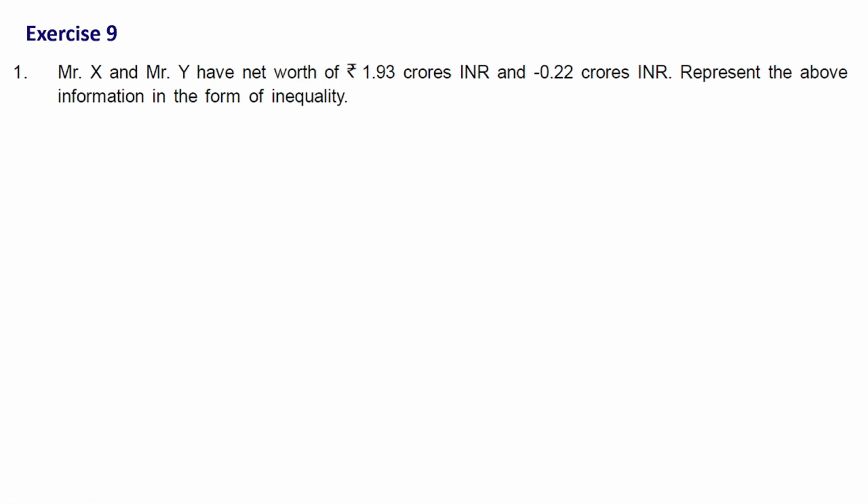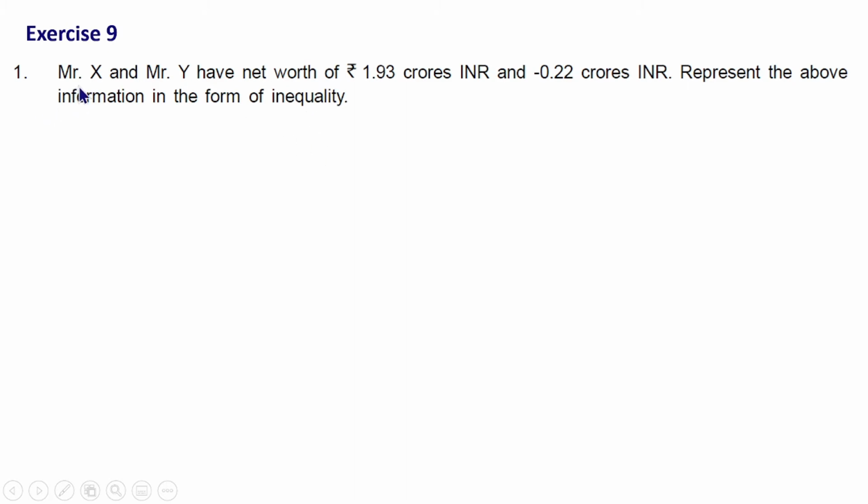Now moving on to the exercise questions of exercise 9 from the student support material. First question: Mr. X and Mr. Y have net worth of rupees 1.93 crores and rupees -0.22 crores. INR is nothing but Indian rupee. Represent the above information in the form of an inequality.